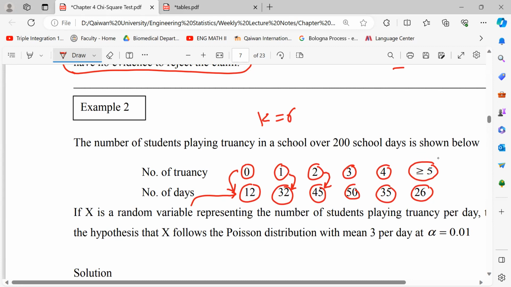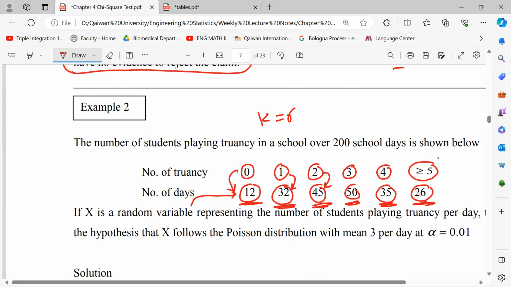The observed frequencies given are 12, 32, 45, 50, 35, and 26, respectively, for 0 to greater than or equal to 5.